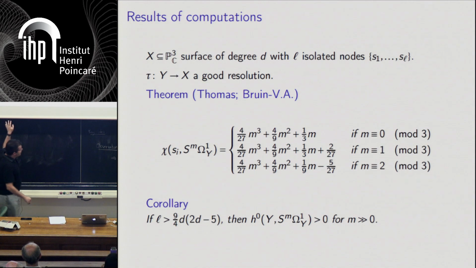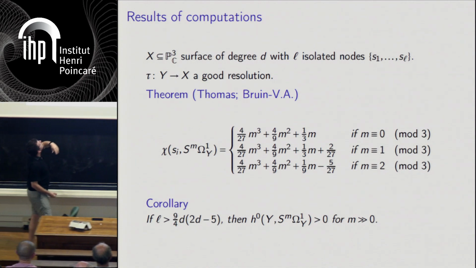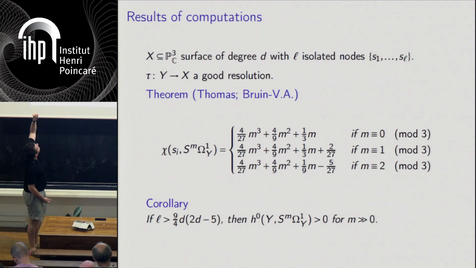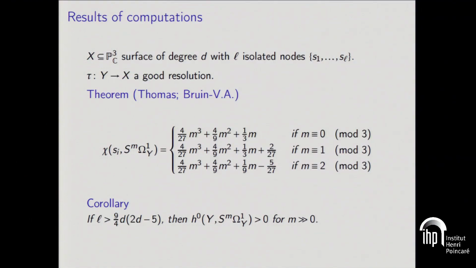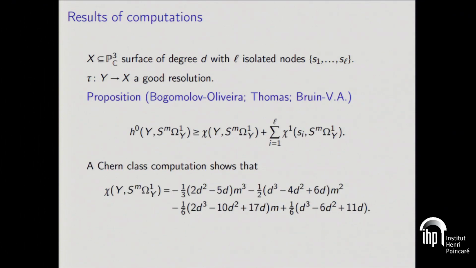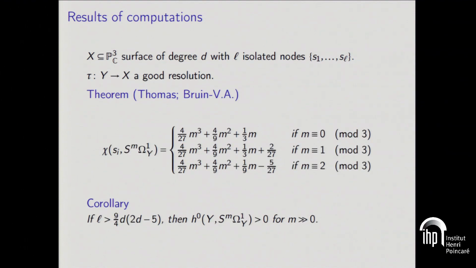After executing everything that I just told you, we get that the chi1 of the node is this expression in terms of m cubed. Now I have to take this quantity and add L times that quantity to it.